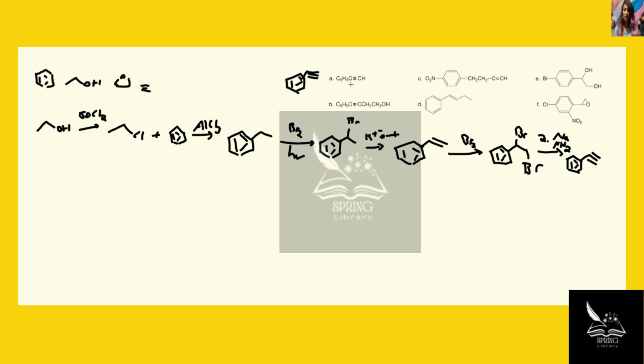So what about B? So B, let's draw B. In B, we have a triple bond, but then after that we have 2 more carbons and then an alcohol.